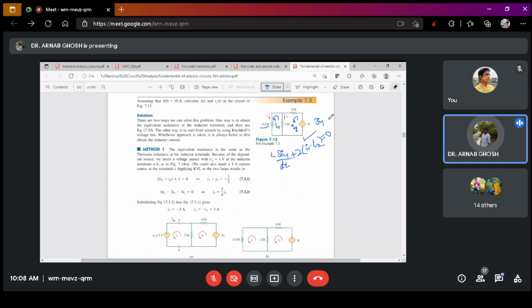So your I will be equal to I1. Am I clear? So this is becoming 3I1. What is this? 4I2. And what is this? 2 into (I2 minus I1).